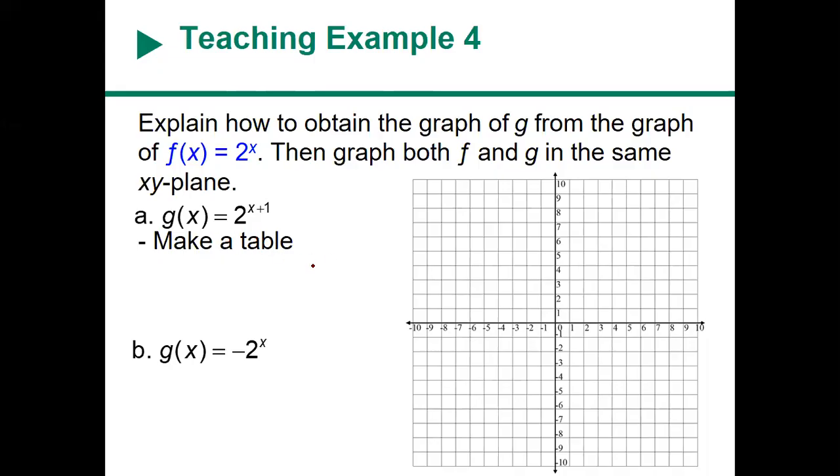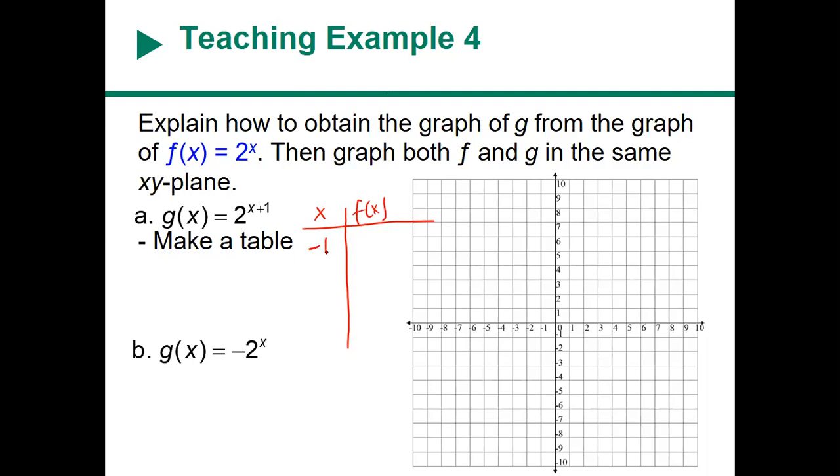Now what's happening here is, I'm going to show it with the table. So starting off with f of x, I have values of 2 to the x.